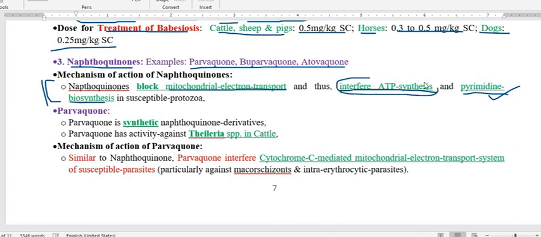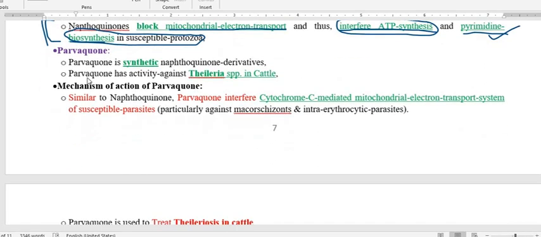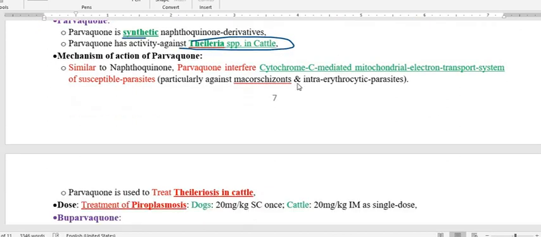As you know, pyrimidine is a nitrogenous base. Finally it inhibits the synthesis of ATP, so no energy for the susceptible parasite, as well as no genetic material to participate in cell division.